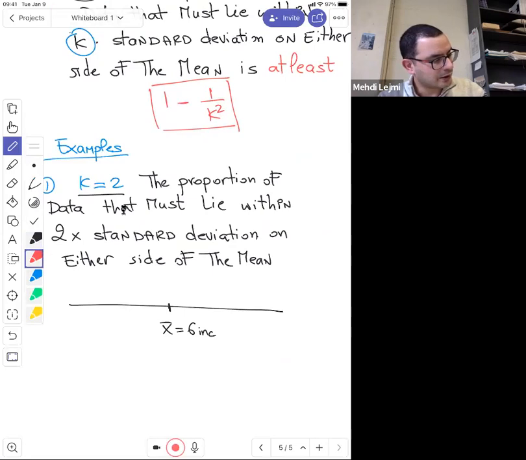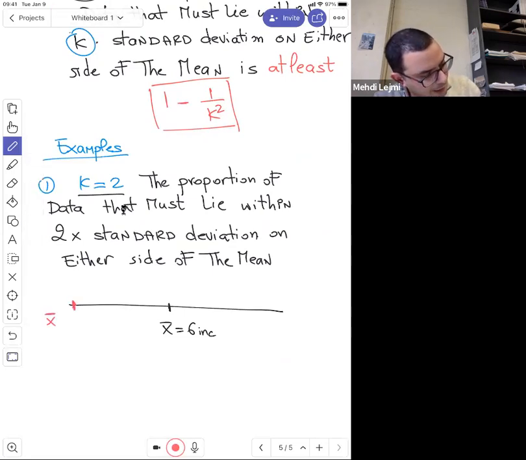So this is X bar minus 2 times the standard deviation, and this is X bar plus 2 times the standard deviation. So here's my interval.